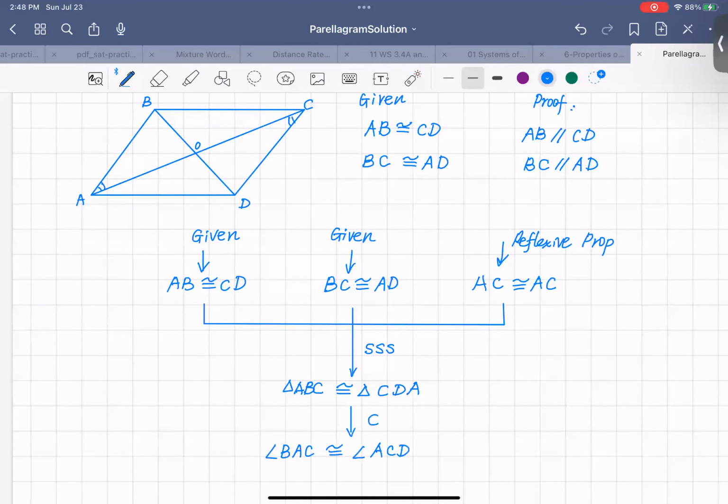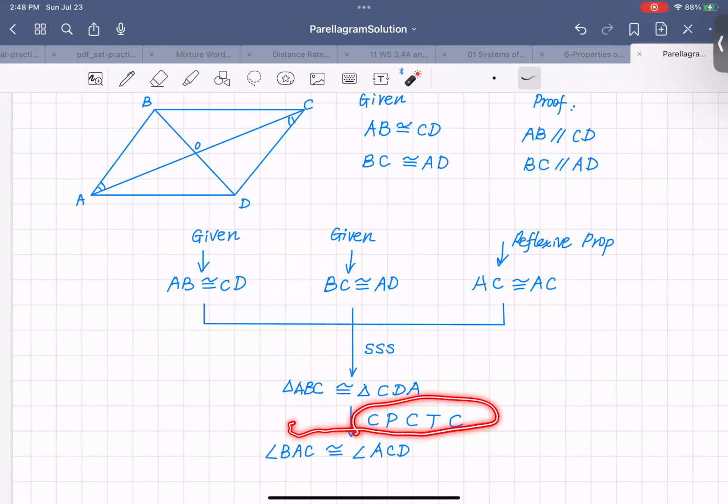You might say, oh my gosh, I need to know this. Look, the quickest way to remember CPCTC is by writing down the CCC, and then in the middle is called PT. So this is CPCTC. It's called corresponding parts of congruent triangles are congruent. So these two angles are equal.